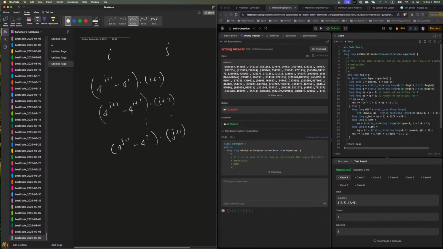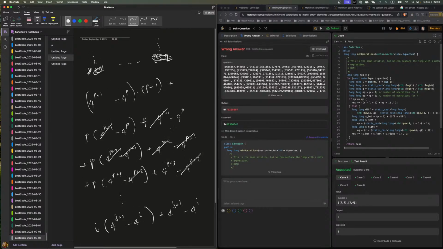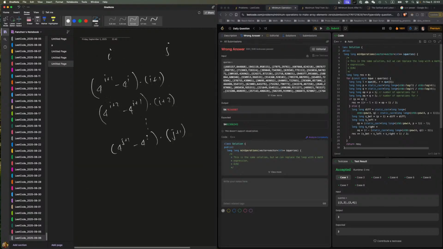The way I think we see the issue, I don't think we can just eliminate them. All right, so let's call it i plus n. So this is going to be i plus n plus 1. Let me redo this.